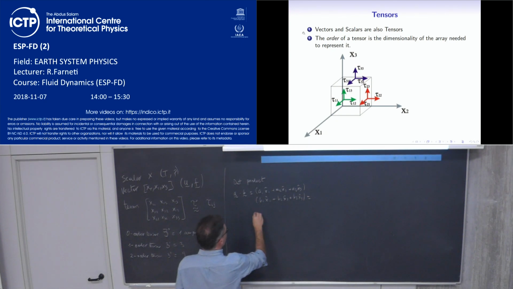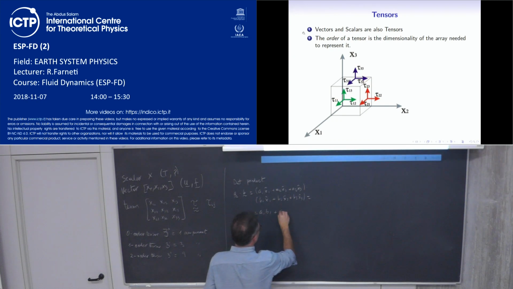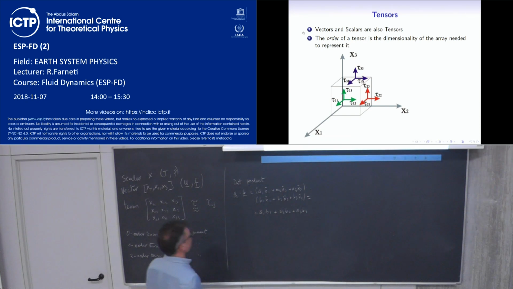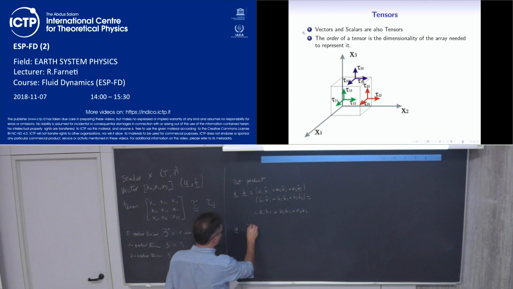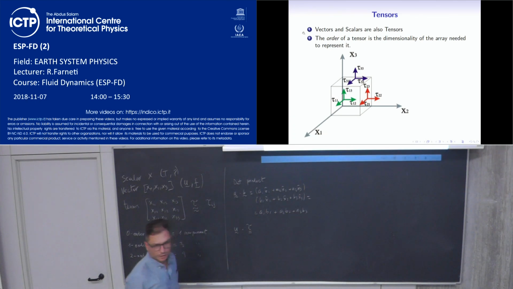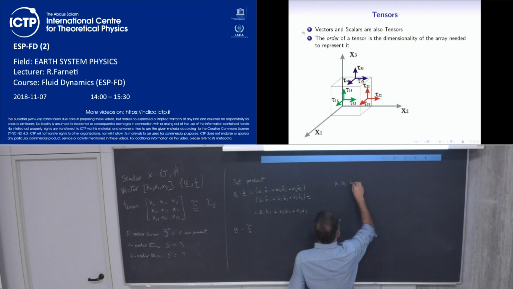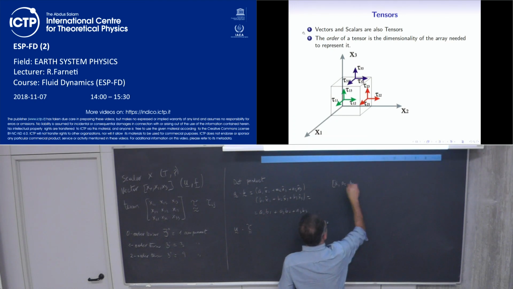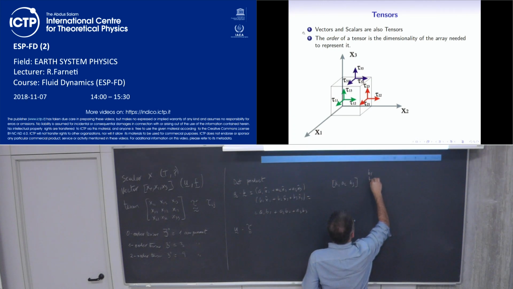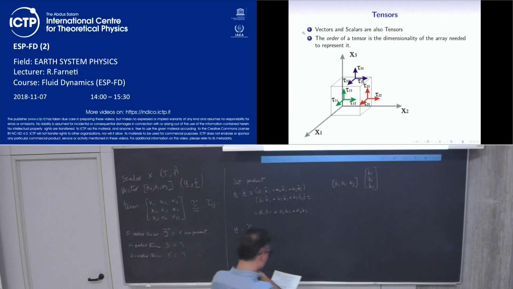This is simple when you have an operation like this, but when you have a vector dot product with a tensor, then it's starting to be a little bit annoying. You can do it in matrix notation and reach the same conclusion.